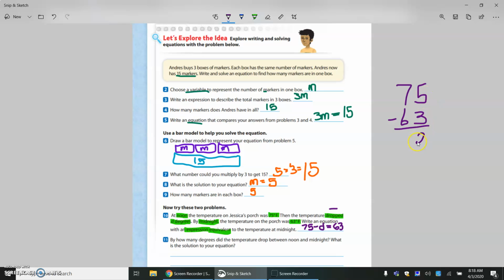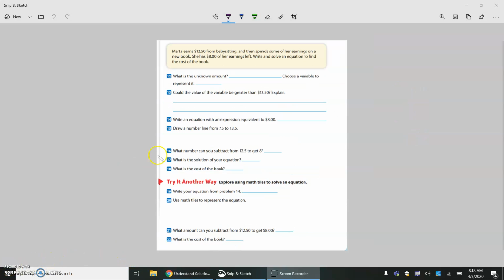And this is 2, right? 5 minus 3 is 2. 7 minus 6 is 1. Okay, so the temperature dropped 12 degrees. So D equals 12.